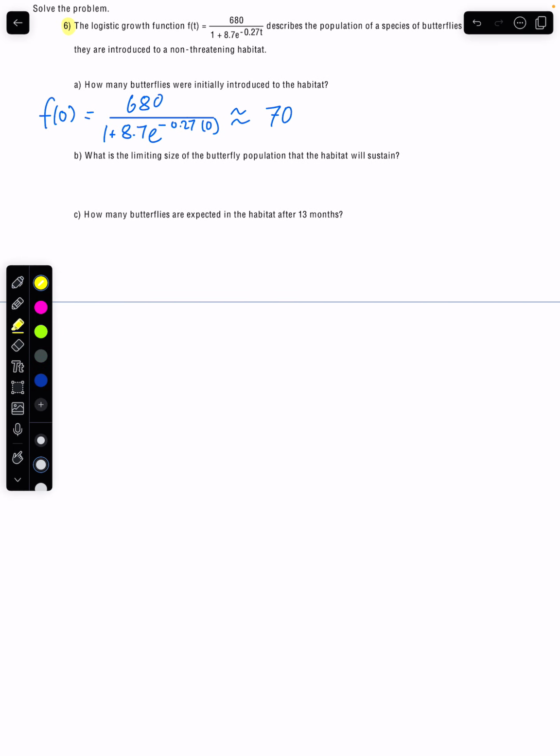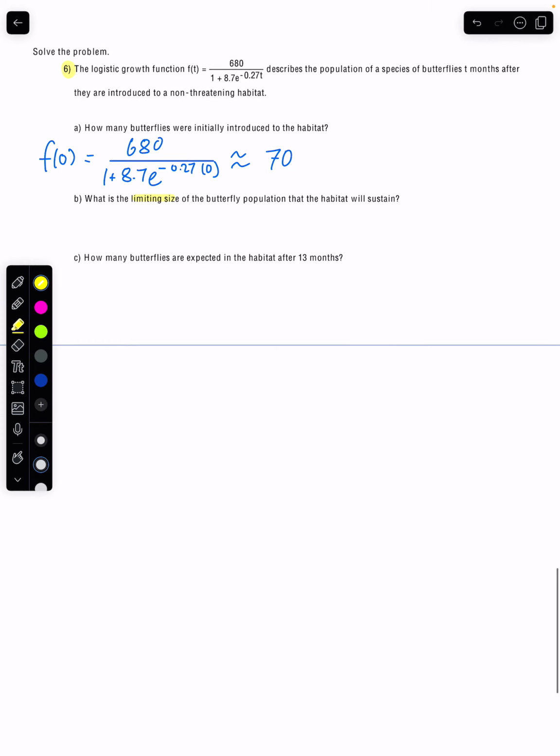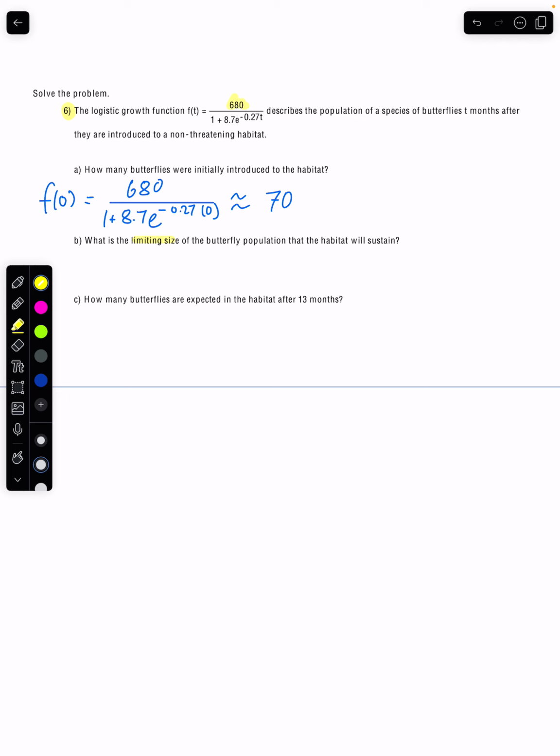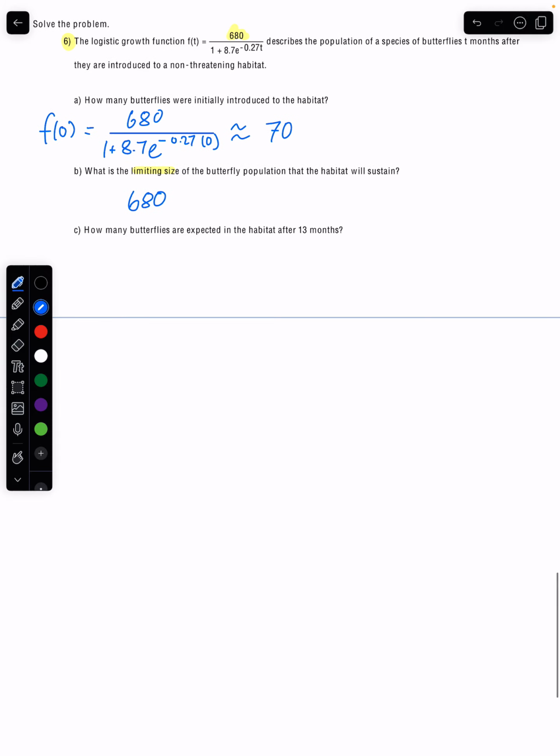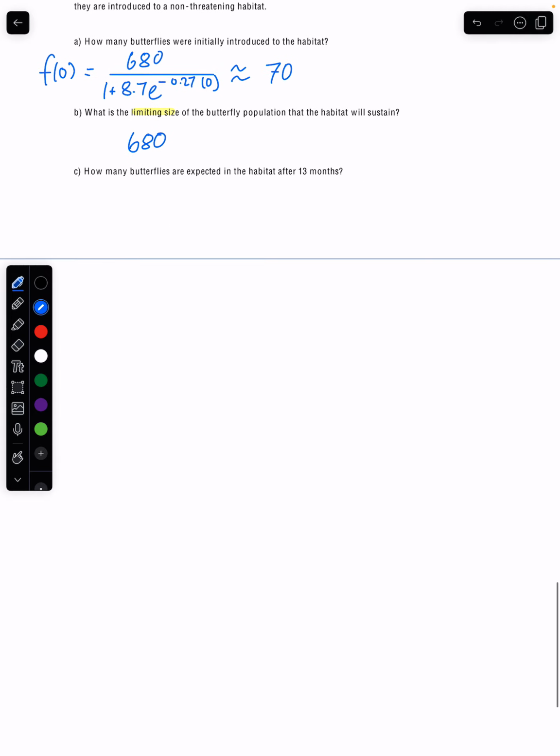Next it asks us, what is the limiting size of the butterfly population? When it asks for limiting size, you're just going to look at the numerator of the equation. So in that case, it would be 680, not going to exceed 680. And then for C, how many butterflies are expected in the habitat after 13 months?